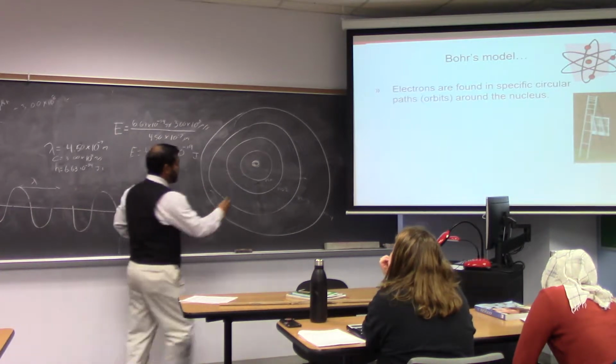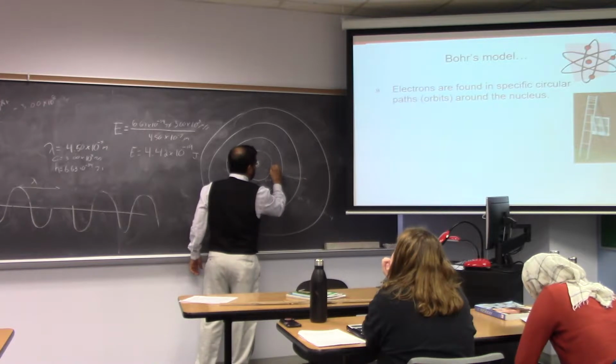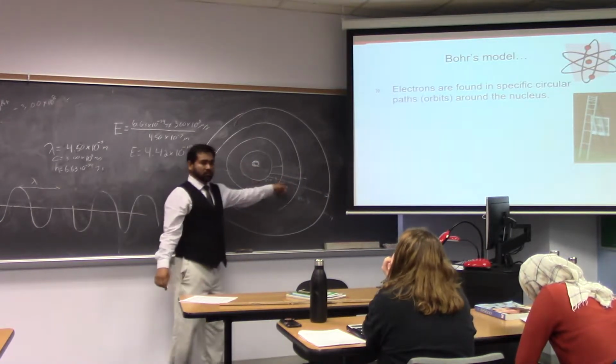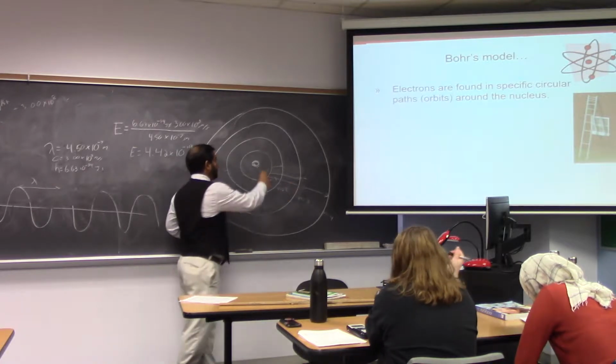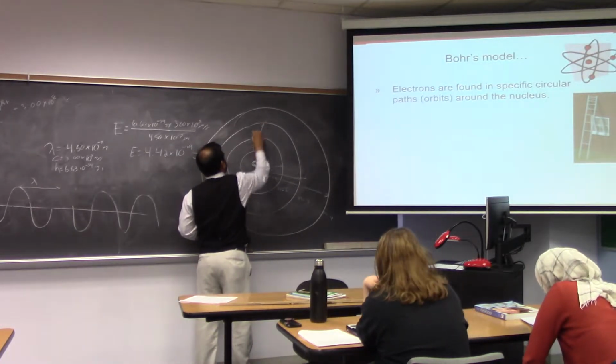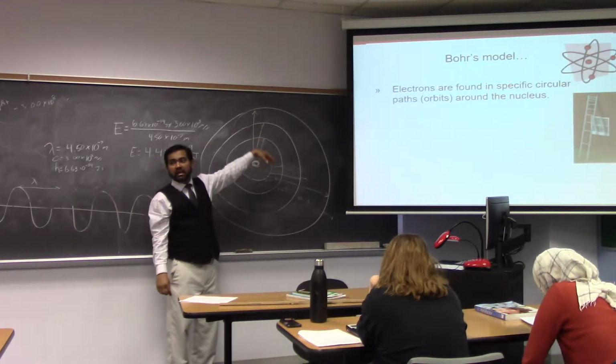So an electron in here jumps to here, or to here, or to here, going to a higher level. As you go to a higher level, it's gaining energy.